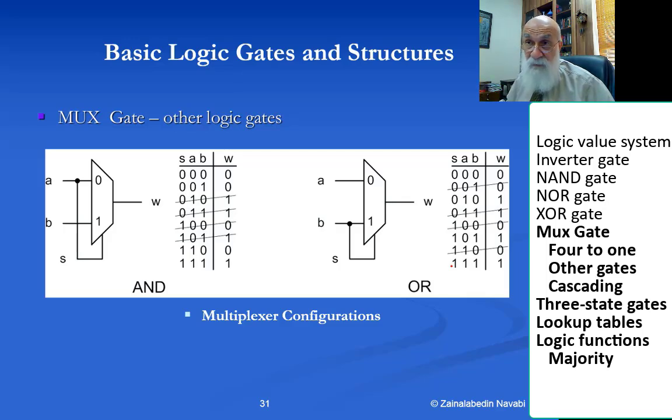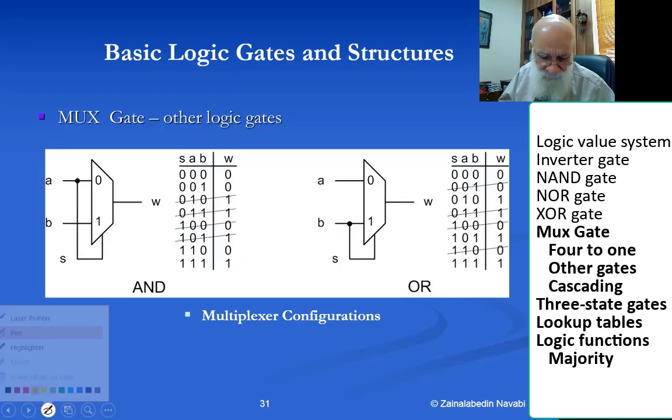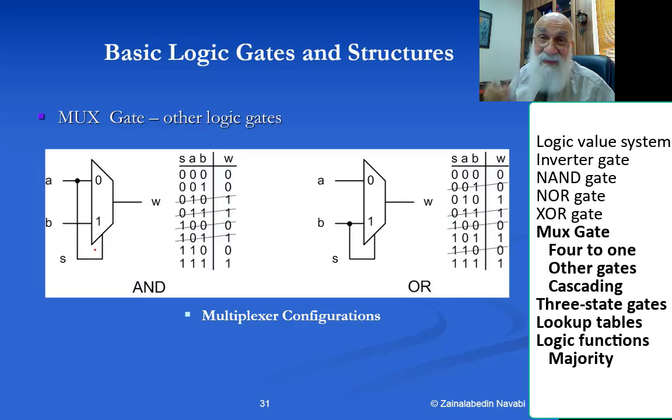The beauty of multiplexers is that you can turn one into any gate. Look here, I'm connecting A to S. Taking the original table from the multiplexer, connecting A to S means A and S are always the same, so any case where A and S are different is eliminated.